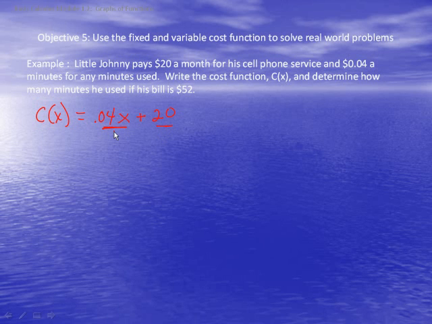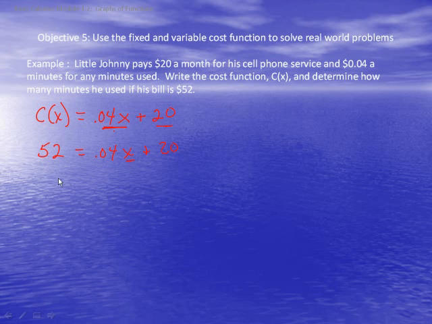We need to find out when little Johnny's bill is going to be equal to $52. So we'll put 52 is equal to 0.04x plus the 20. Now, in this case, we need to find out how many minutes, or x, he has used in order for his bill to be $52.